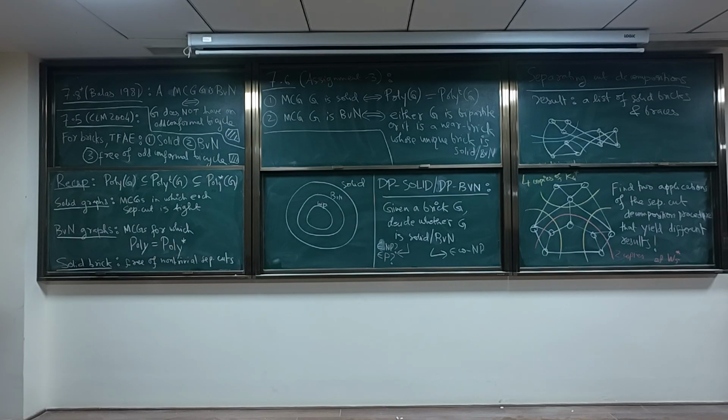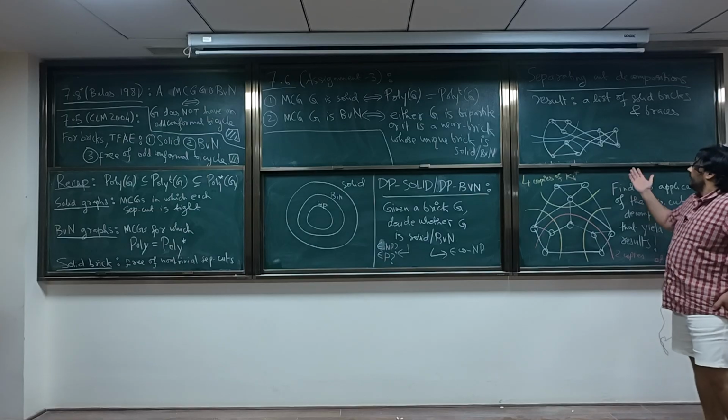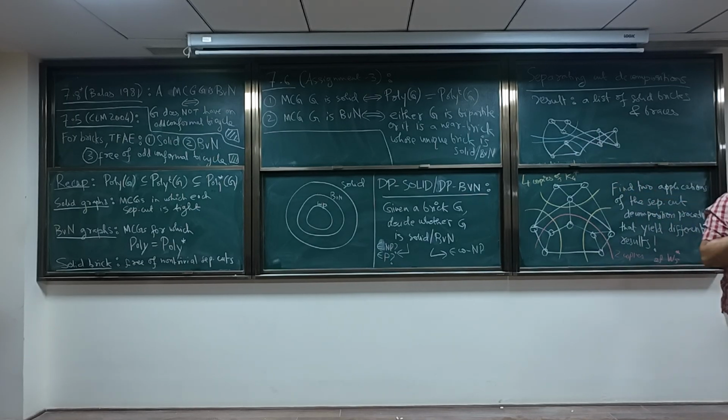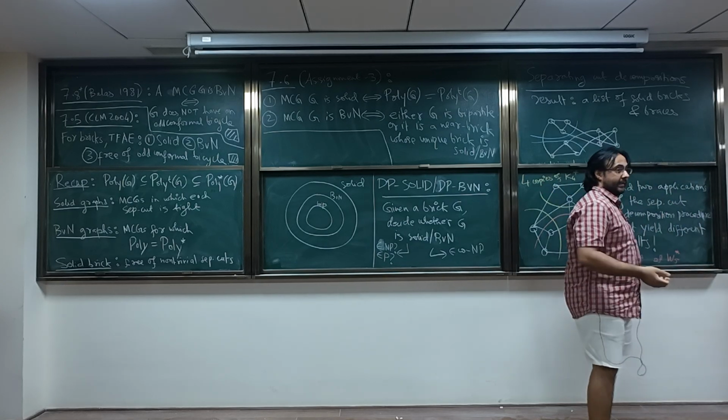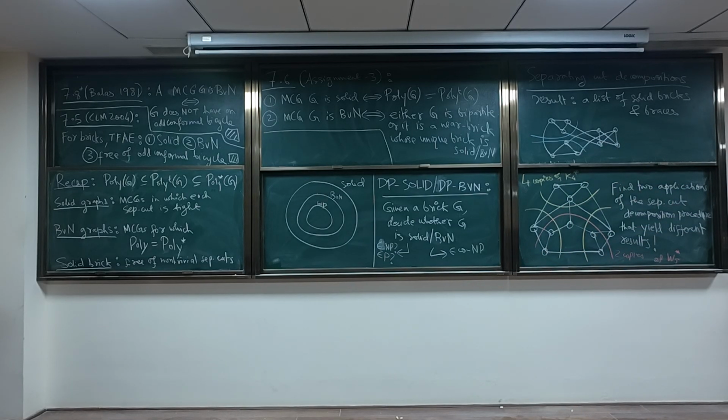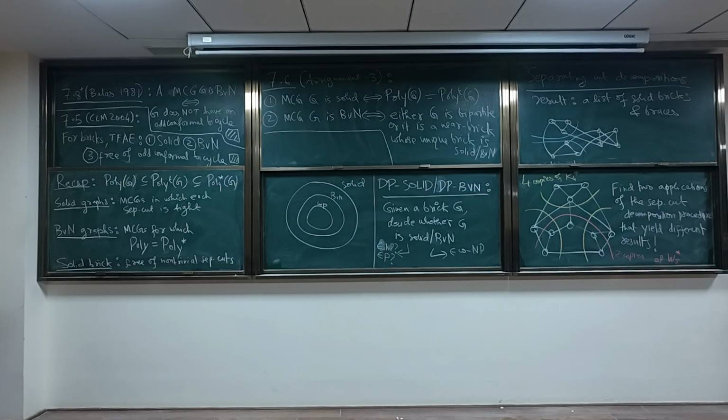Yeah. But anyways, the point I want to make is that the separating cut decomposition procedure need not give you a unique list of solid bricks and braces. In fact, not even the numbers may match. As you can see, here we got 4 copies, here we got only 2 copies, right? So, things are not as good, which is partly why separating cut decompositions have basically found no applications in matching covered graphs so far.